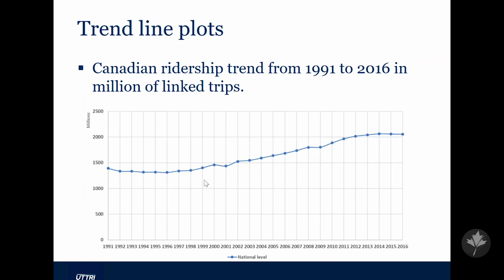The trend that I'm sure we are all familiar with of ridership from 1991 to 2016, we've seen some growth, but in recent years, over the past 5 years or so, we've seen some plateauing and leveling off of ridership trends. And this is, of course, across the country. As of 2016, we have a little bit above 2 billion linked trips across the country every year.